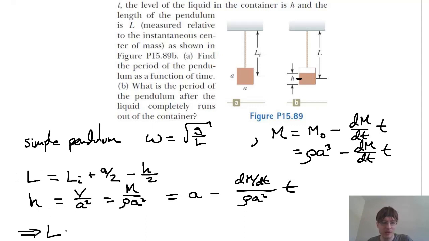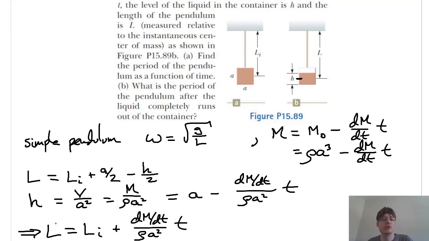So L is the initial length to the center plus a over 2 minus h over 2, and that simplifies things down, and I get the initial length plus the mass rate that it drains out divided by rho a squared times time.